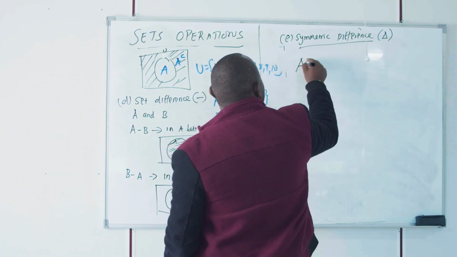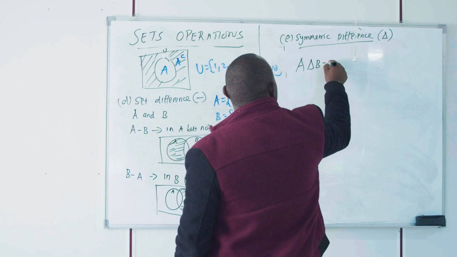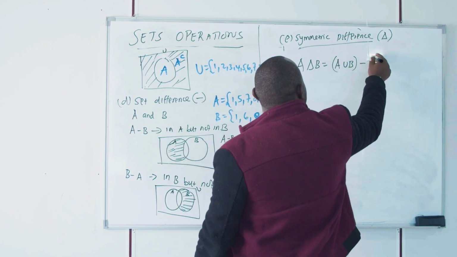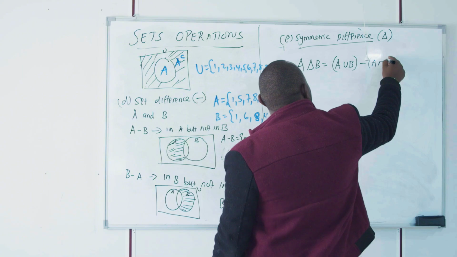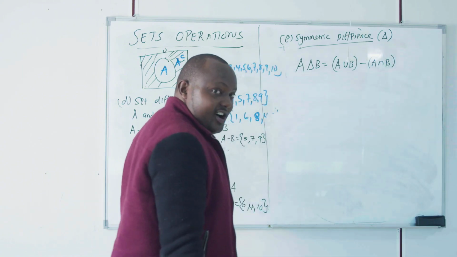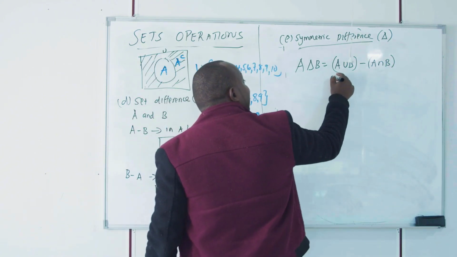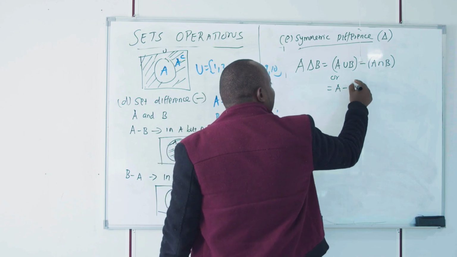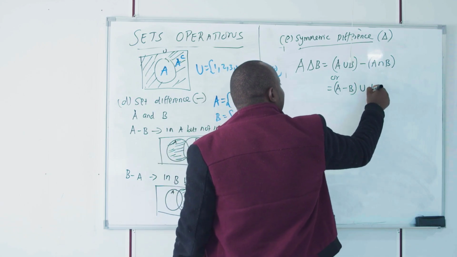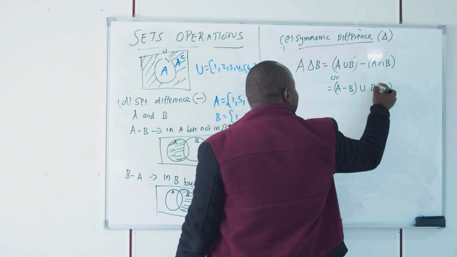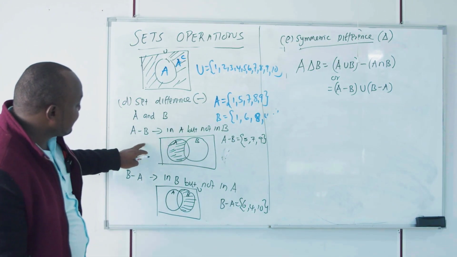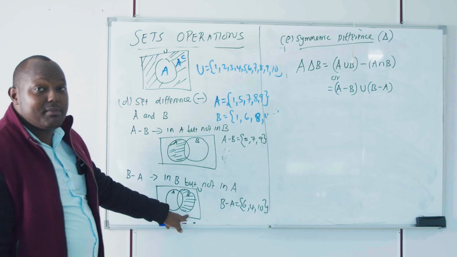So A symmetric B is A union B minus A intersect B. Or you can say it is A minus B union B minus A. Whatever you want. In simple terms, we are joining the A minus B with the B minus A.